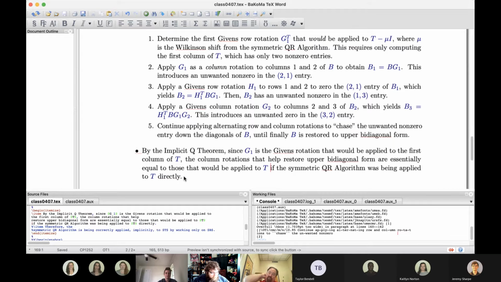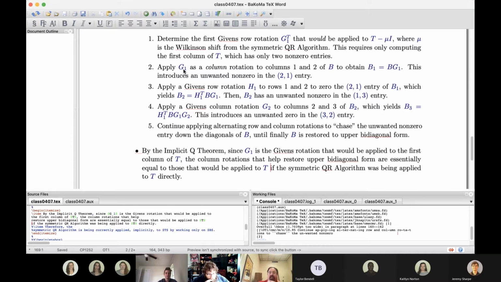So we're making sure that the transformation that we're applying has the same first column. And the reason why that works is, after we apply G1 on the right, all the other rotations we apply on the right don't affect the first column. So if we were to take a product of all of these rotations, all of the G's, then the first column of that accumulated product would be the first column of G1.